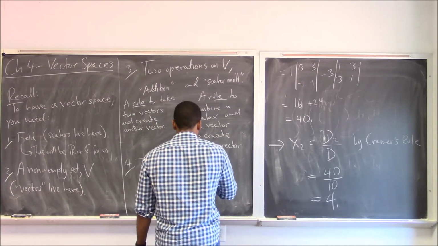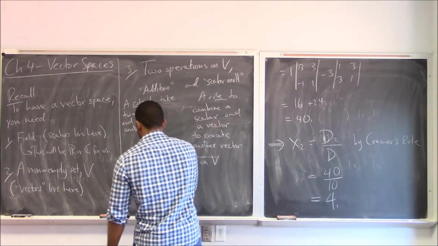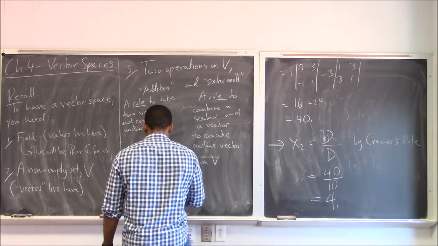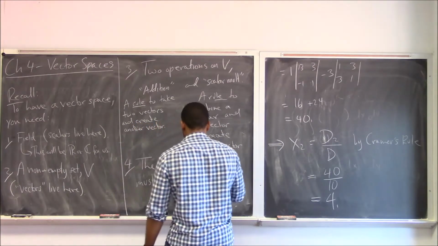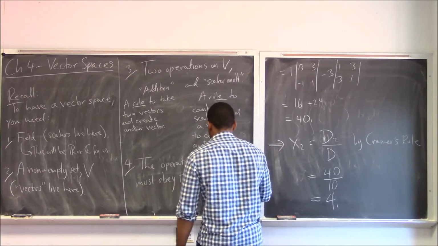The operations on V must obey the 10 vector space axioms.